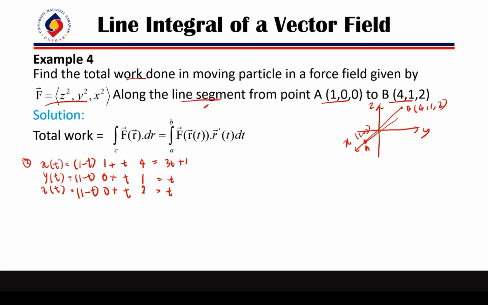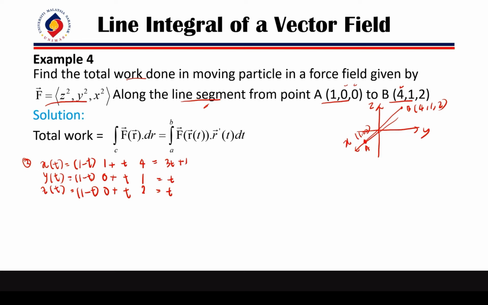Alright, when we substitute t equal to 1, we get 4 here, right? Then we substitute t equal to 0, here is 0 and 0. So when t is equal to 1, we get 4.